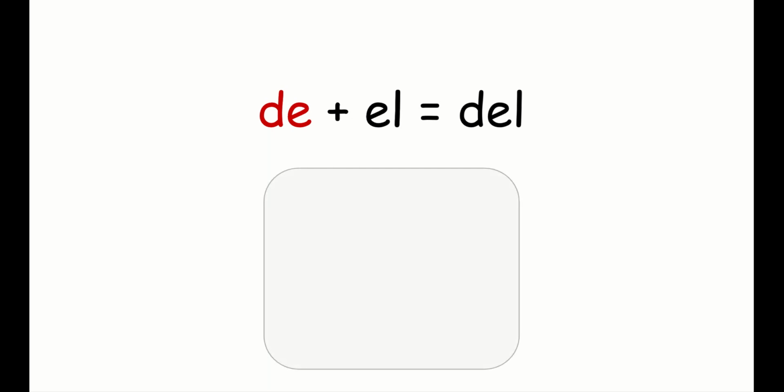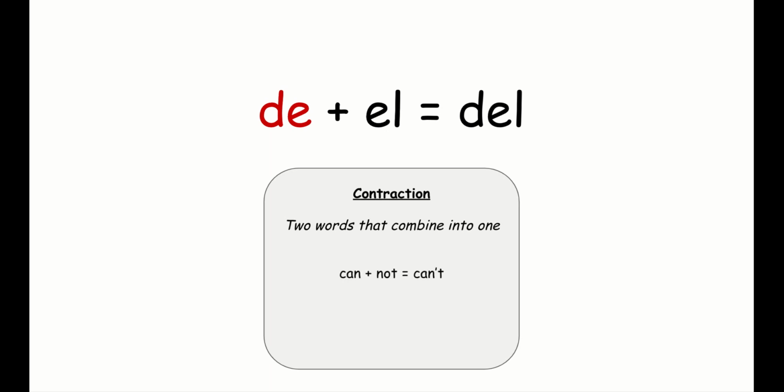Okay, this is a contraction. And there's contractions in English, and contractions, if you remember, are two words that combine into one. So for example, in English, a contraction would be can and not forming the word can't. Can, not, can't. Or I plus am turns into I'm, or it plus is turns into it's.